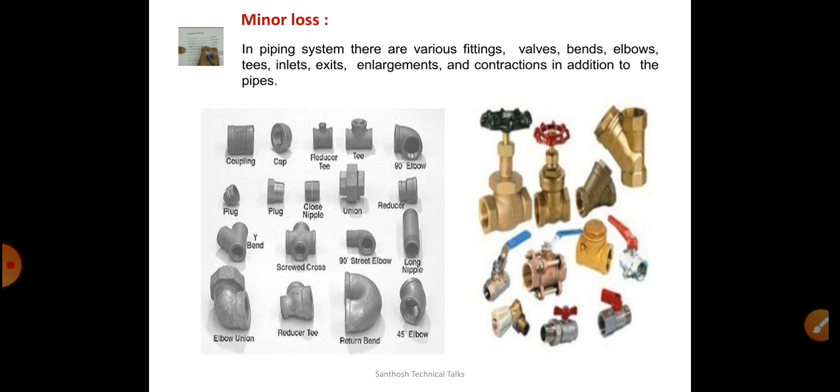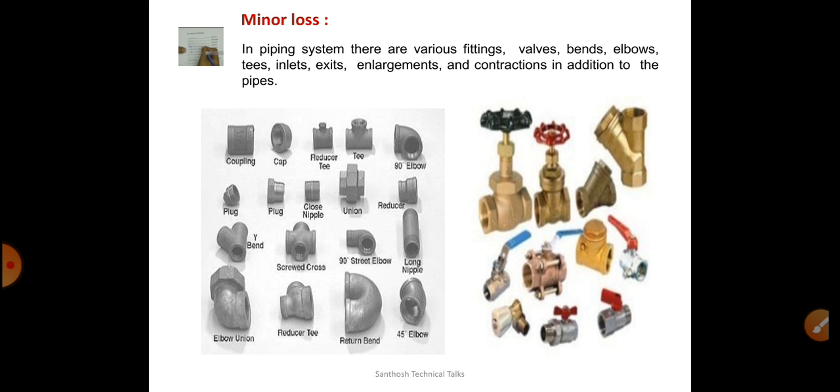We have to bend sometimes. So elbows and bends and T joints, and we have an inlet and exit and enlargement, contraction and addition of pipes. All these things come in. So in these regions the minor losses occur.